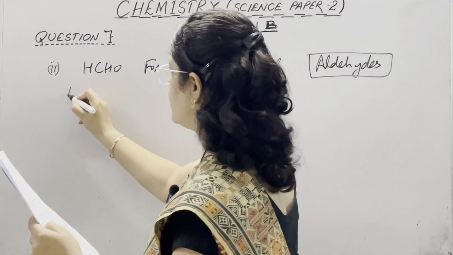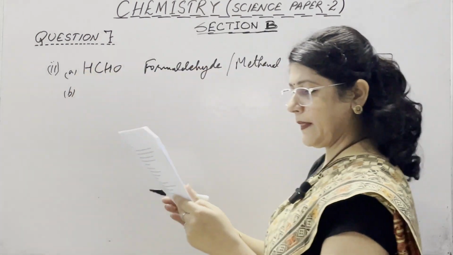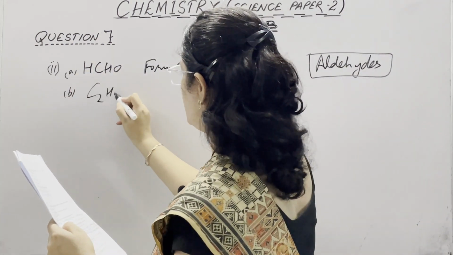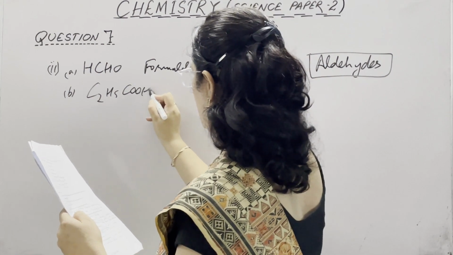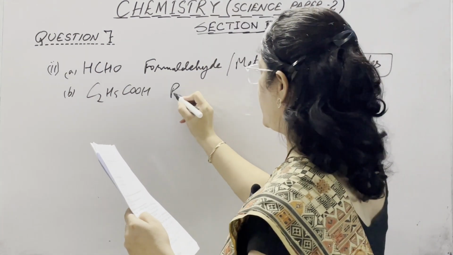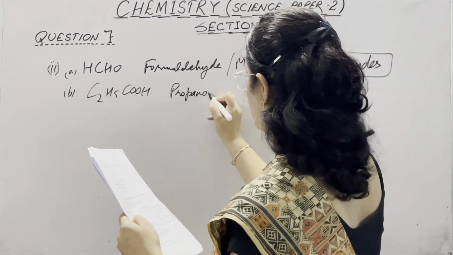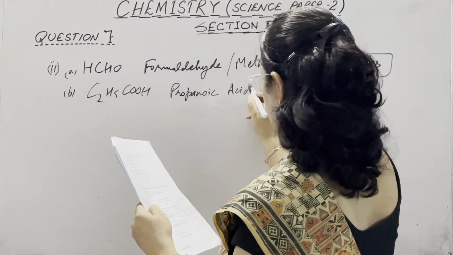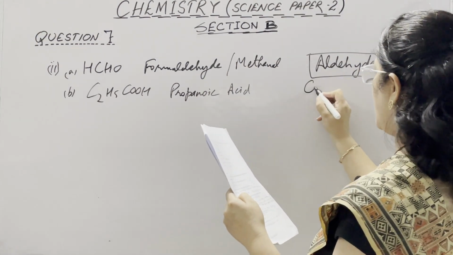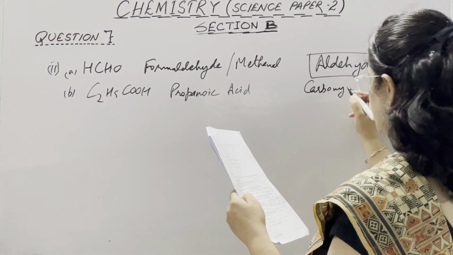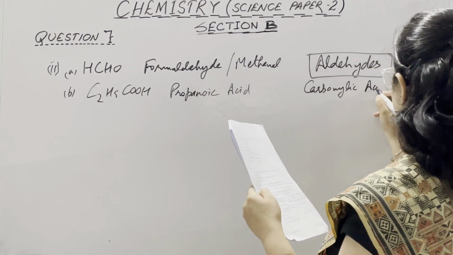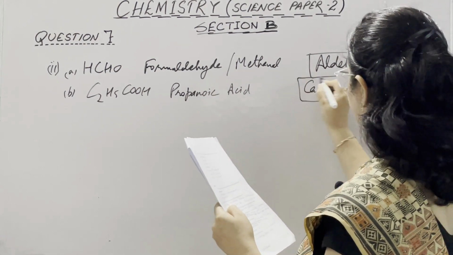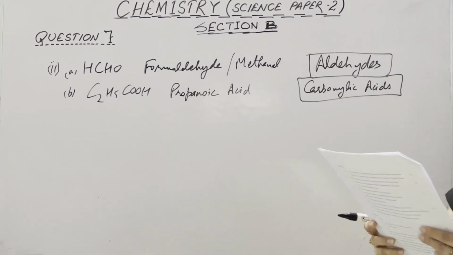In B part, C2H5COOH. It means propanoic acid. So which group is it? Carboxylic acids. So these are the names of the groups.